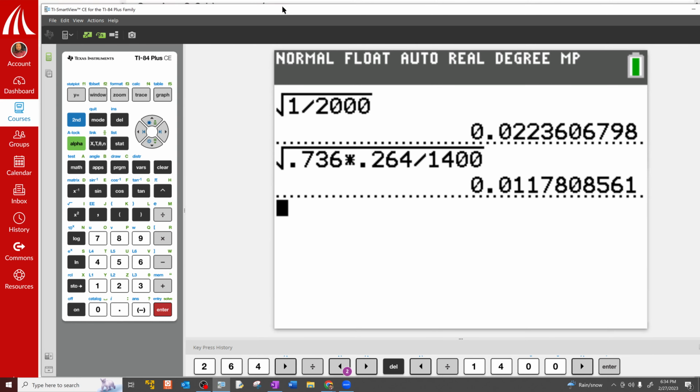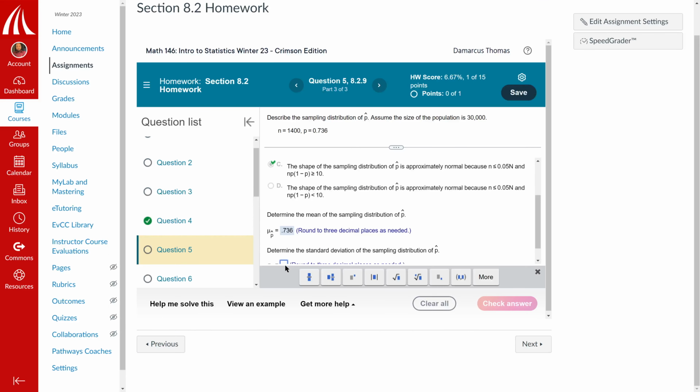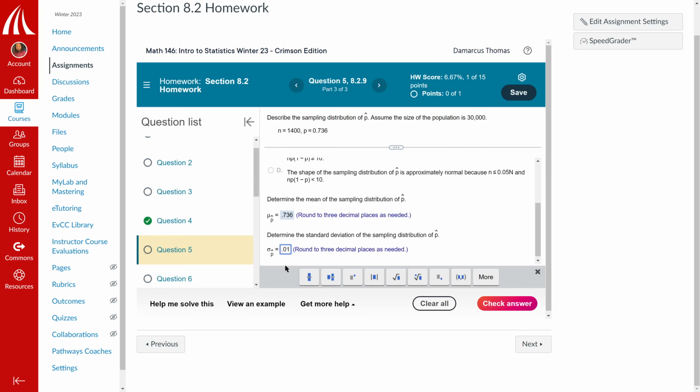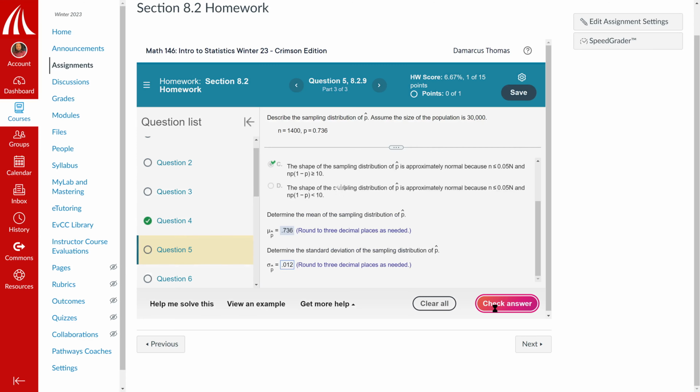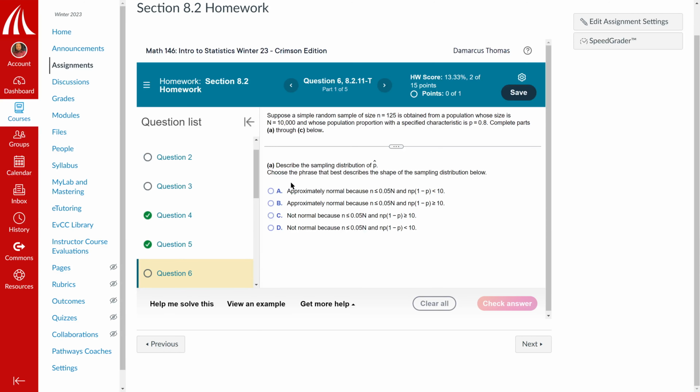That's 0.012 when we round. Okay, so those work for that one, but we need to find one that has 5 parts to it.